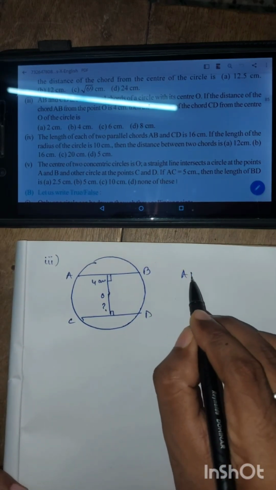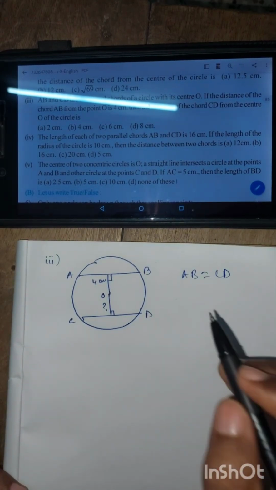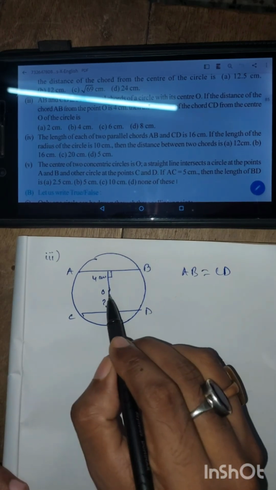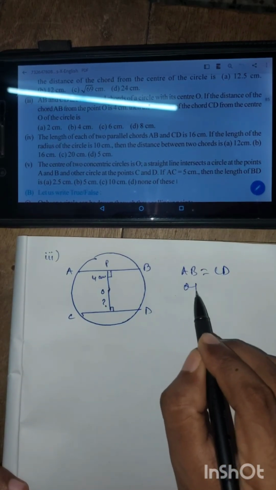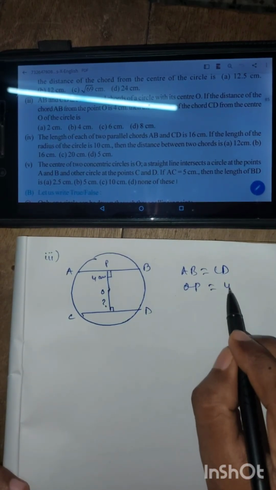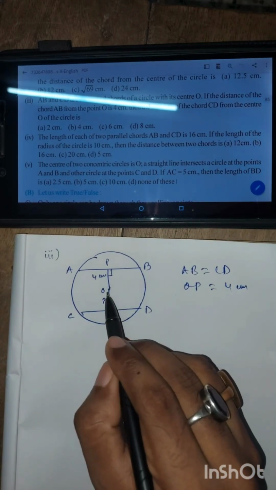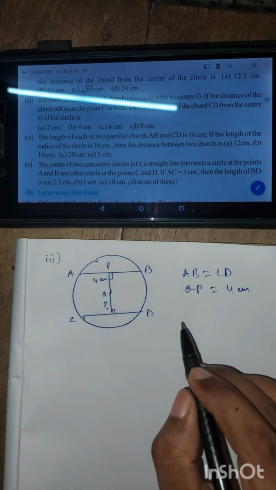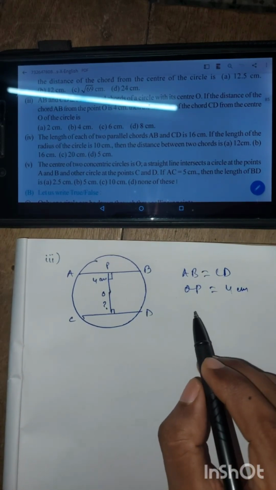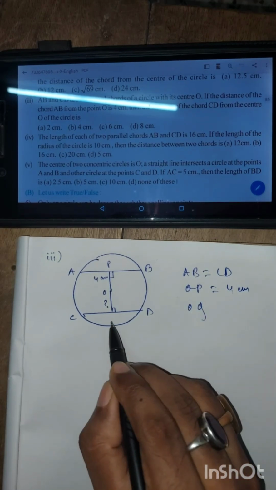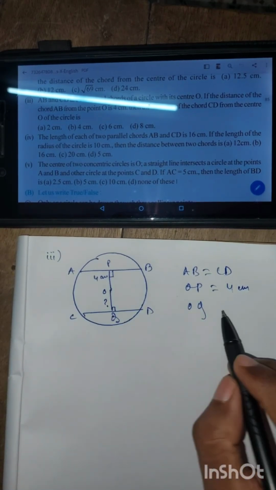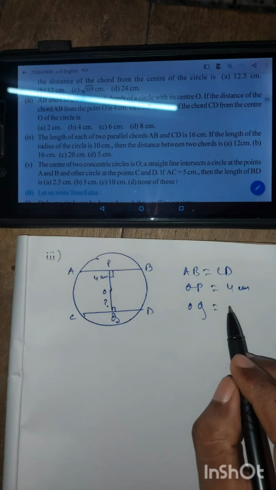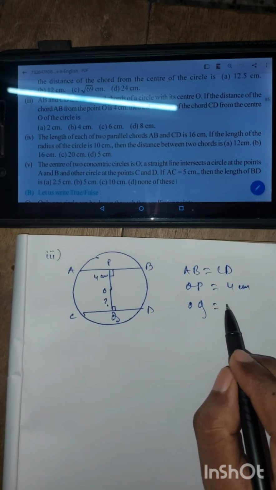It is given that AB equal to CD, and it is given that OP length is equal to 4 cm, which is perpendicular distance of the chord AB from center. And we need to find out OQ, this distance. This will also be 4 cm.